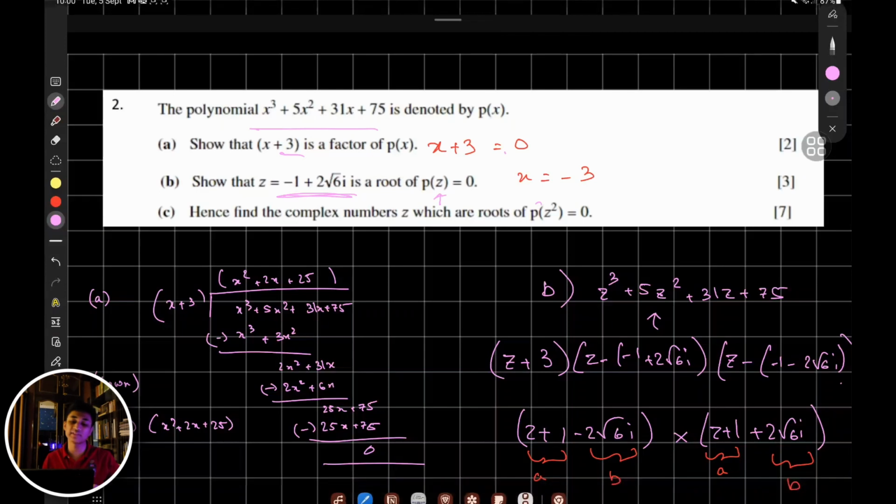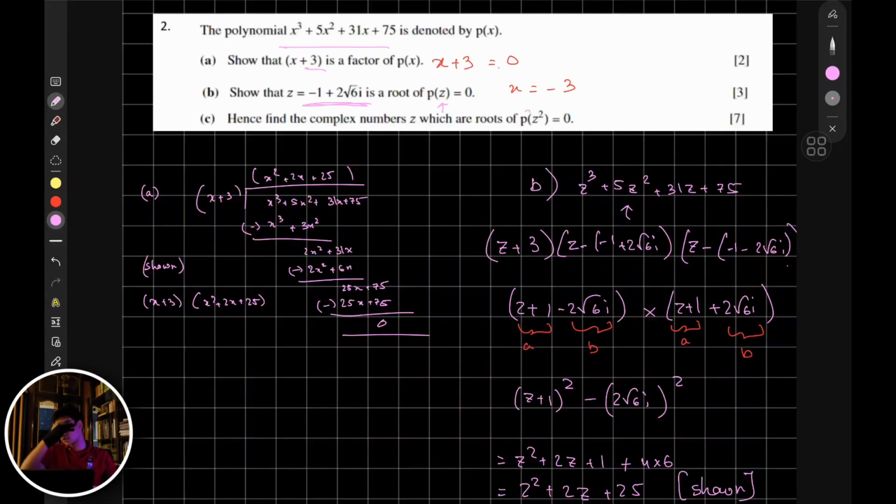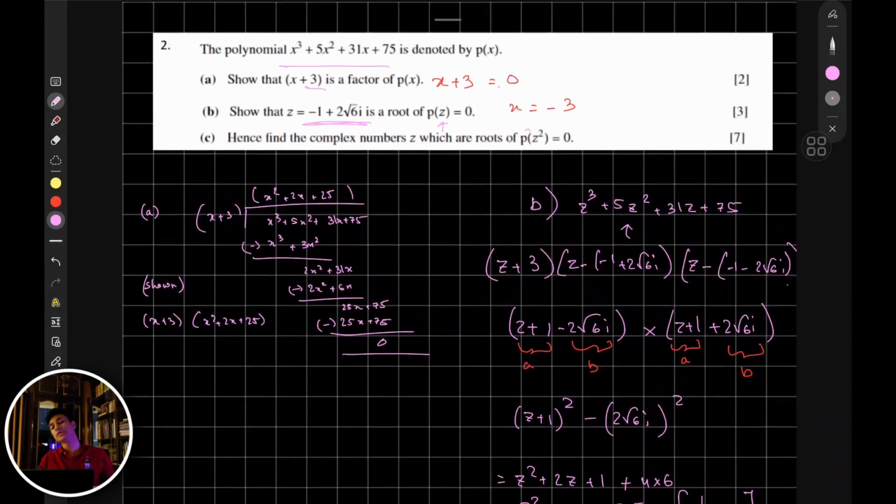Now they're telling you something different. They're telling you that you have to write this equation with respect to z square, not z, not x.